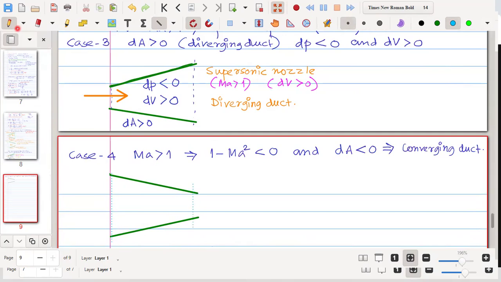So what will happen to pressure? Pressure will increase.